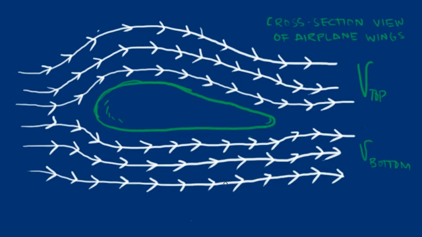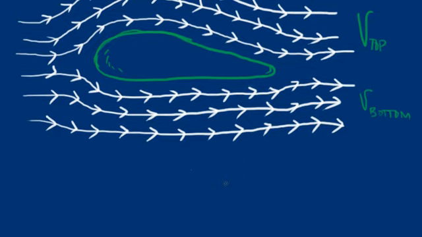So what does this tell us? According to Bernoulli's principle, the velocity is inversely proportional to the pressure. So at the top, since we have a high velocity, the pressure on the top is small.